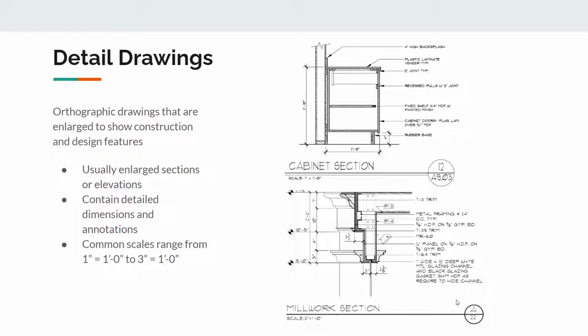And then you have all your notes, which are explaining all the materials and stuff like that. So these are going to have a lot of annotations, a lot of dimensions, because they're detailed drawings. They're very detailed, and they have to convey a lot of information.